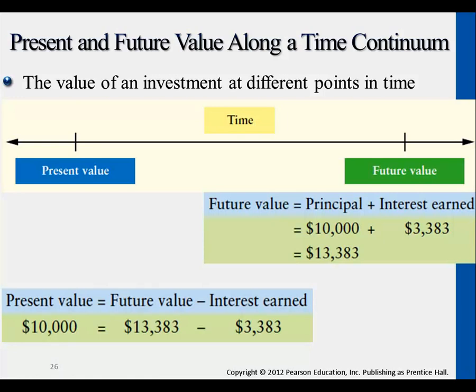Okay, that's from the past slides. Let's not focus on this. So we calculate that the future value, if we invest this $10,000, is $13,383. For me to calculate my present value, I'm going to take future value and subtract interest earned. All right?